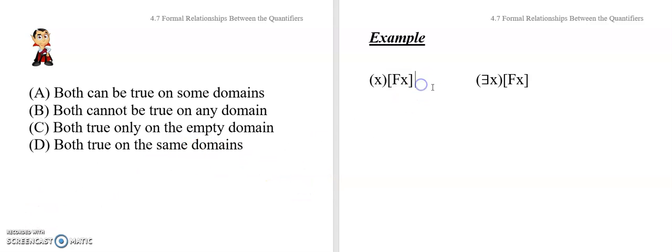Okay, let's try another one. Suppose I picked this pair of sentences out of a hat, just like this. I've got this one and then this one. Which of these apply to this pair of sentences? This says everything is red, and this says nothing is red.